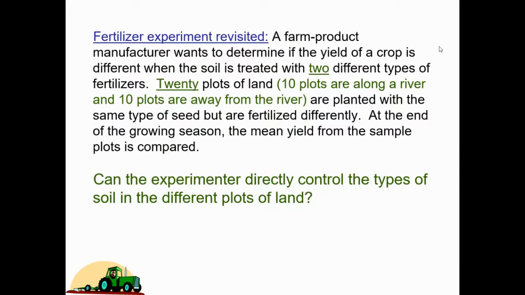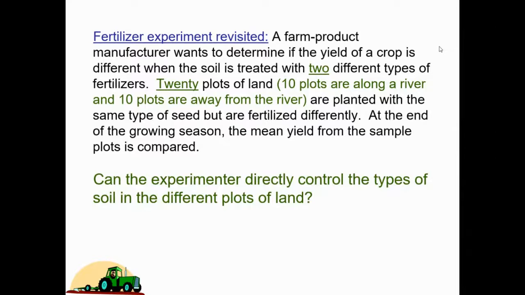Okay, so let's take the randomized block experimental design and apply it to our fertilizer scenario, but we're actually changing two things. We lost the type of fertilizer. Now we're down to 2 types of fertilizer. However, we just purchased more land.